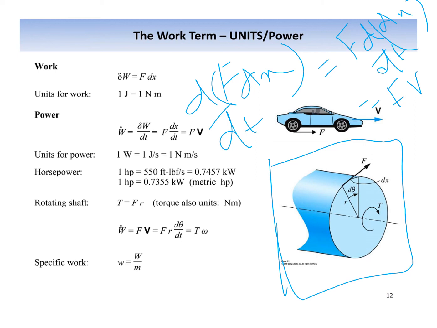So if we want to know the work being done by this force F, it is T d theta. If we differentiate it with respect to time to find the power, the rate of change of theta with respect to time is the angular velocity. So this is omega, sorry, this is omega, and this is omega dot.